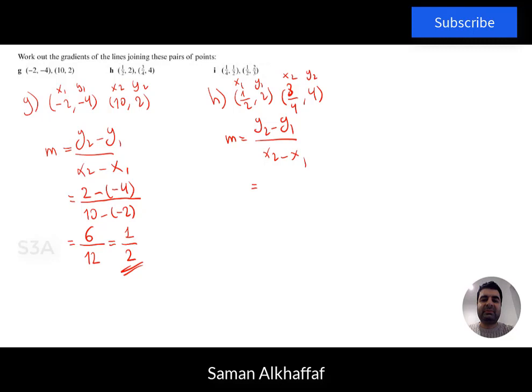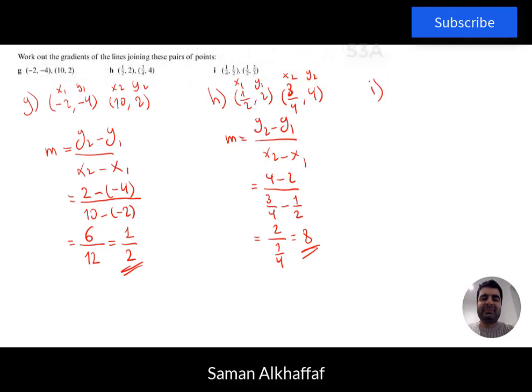So in this scenario, we would have 4 take away 2 over 3 quarters take away half. To simplify this expression, we'd have 2 over a quarter, and that would give us 8 as the answer for the gradient.